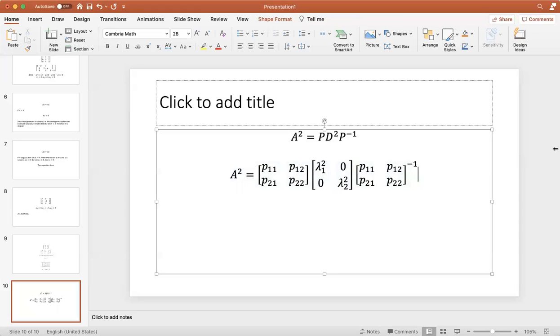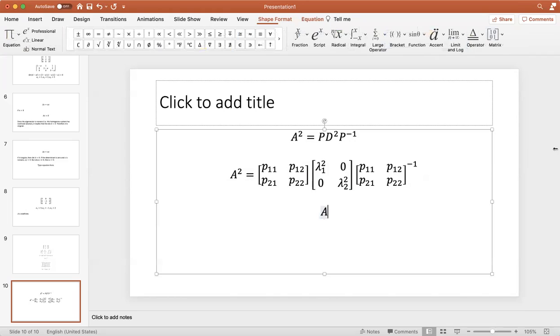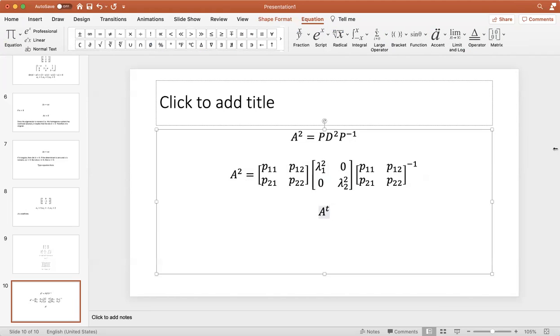Now you may tell me, that's just a 2 by 2 matrix, so that has to be very simple. If I'm just going to get the square of a symmetric matrix A, I can just multiply it. Yes, for lower powers and lower order matrices, that's pretty straightforward. But what if I ask you to get A to the power of t?